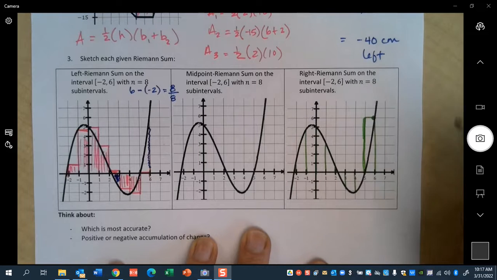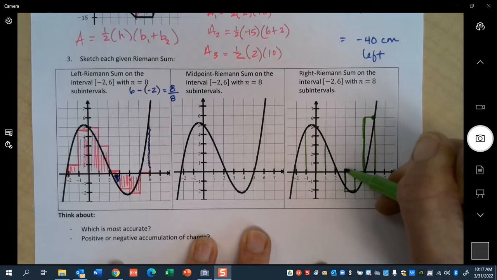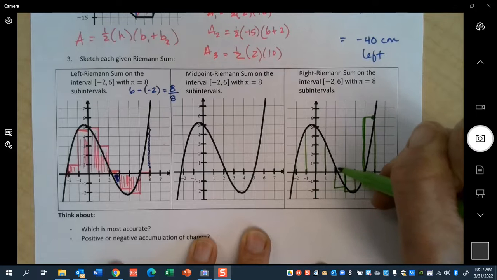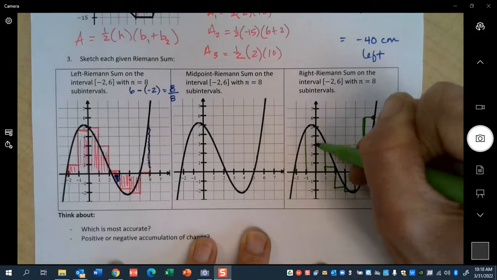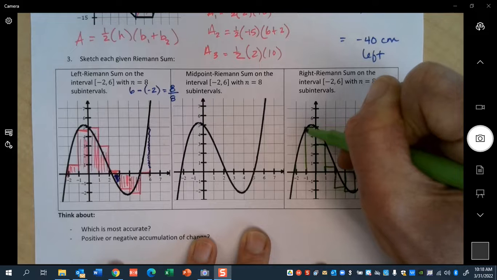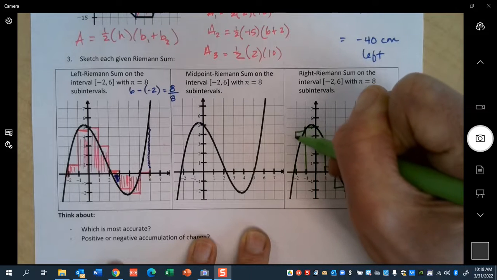So this is where it touches the graph. Here, this is where it touches the graph. So drawing this box is your flat part. That's what you're talking about, Anthony, right? Here's the right-hand sum for 3. Here's the right-hand sum for 2. Here's the right-hand sum.